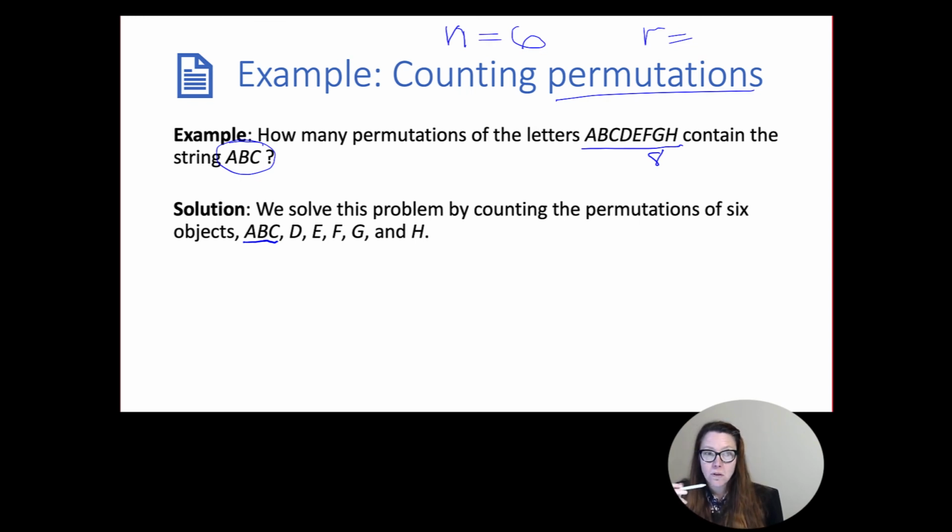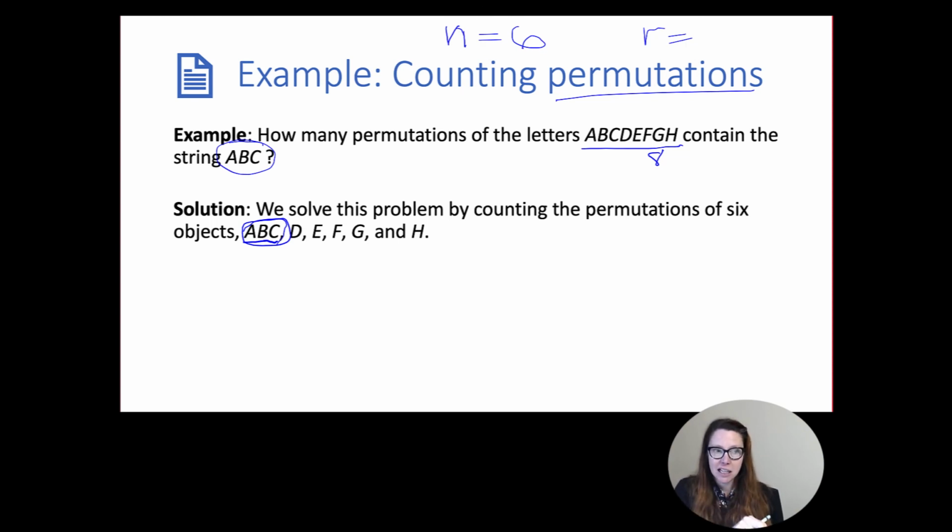Okay, so you might be thinking, that's spot on, Adam. Really nice answer. So the trick is to say, I'm just going to treat ABC as one choice. It's going to take up 3 spaces, but that's okay because I'm just looking at how I can order these things. So if I choose ABC as one block, it's like if I had Lego pieces and this one just happens to be a 3 instead of the tiny little ones, right? What order do I put these blocks into this space?